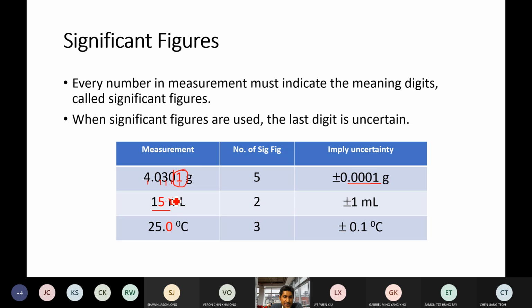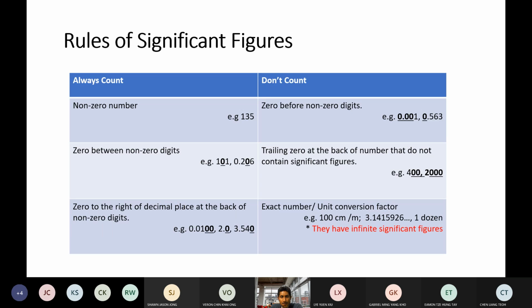So if it is 15.9, it will still show 15, but 15.0 and 15.9 is a very big difference, and we will not know if the instrument does not have that sensitivity. So that is why the uncertainty is plus minus 1, one place after the decimal.